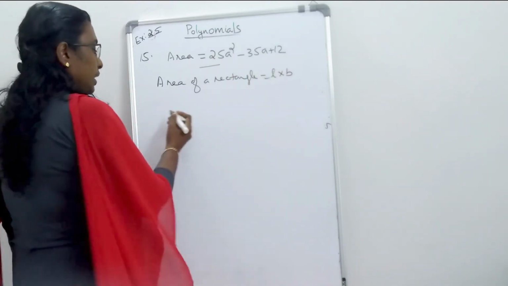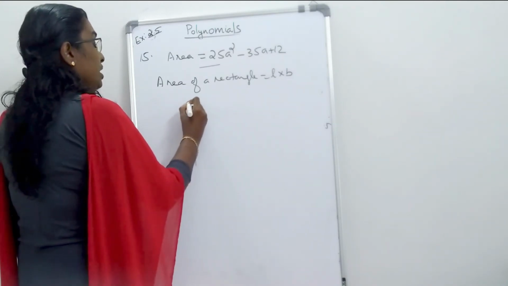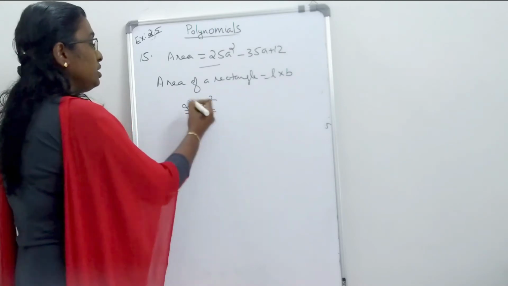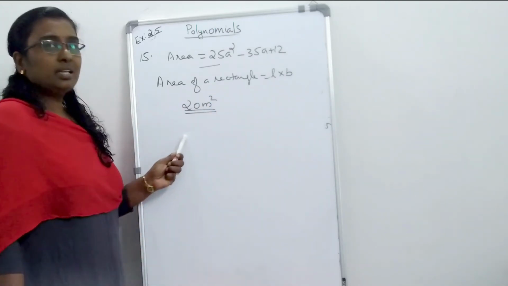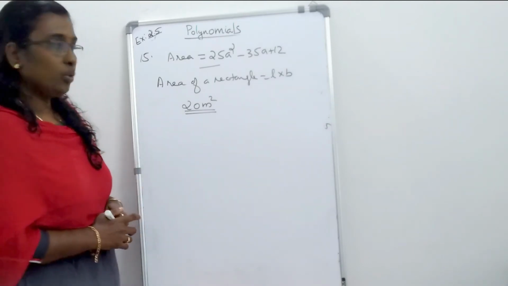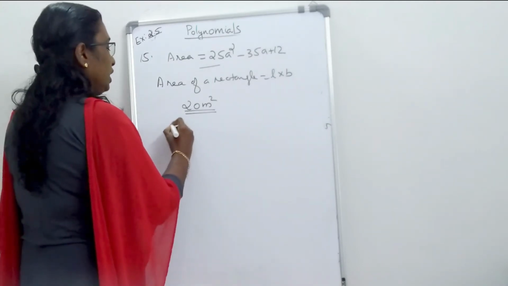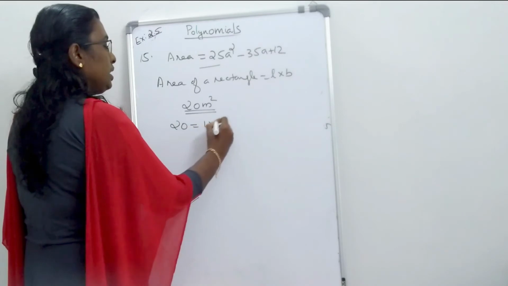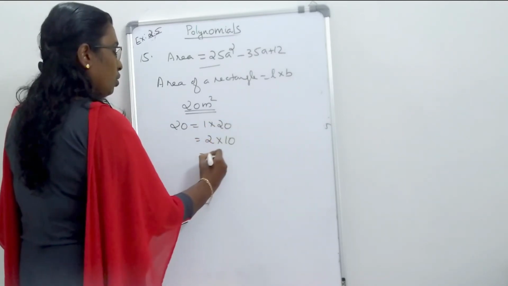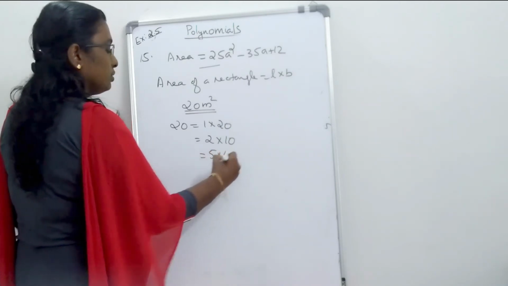See here. If the area is 20 meter square, what are the possible values for length and breadth in this case? 20 equals 1 into 20, or 2 into 10, or 5 into 4. Isn't it?